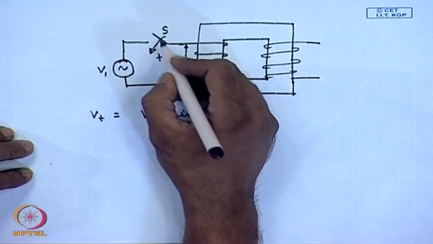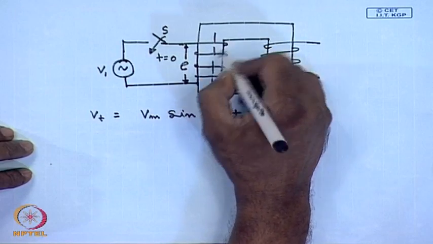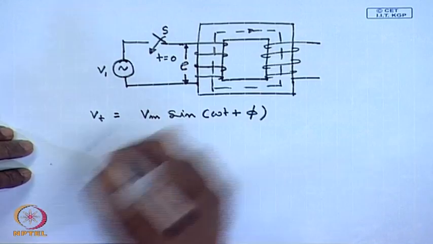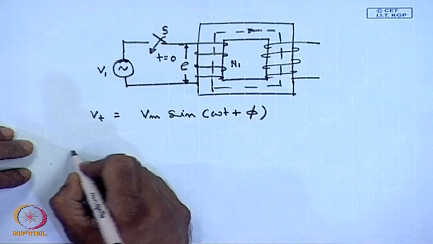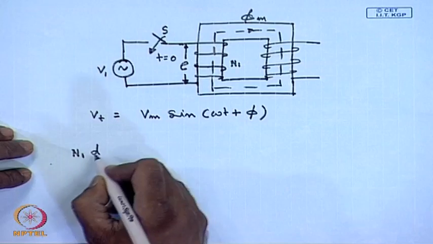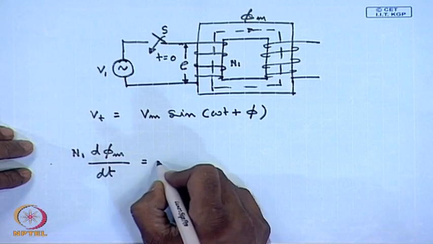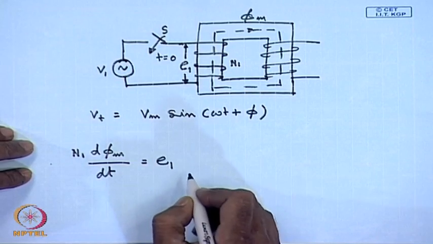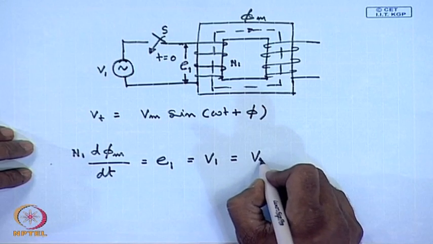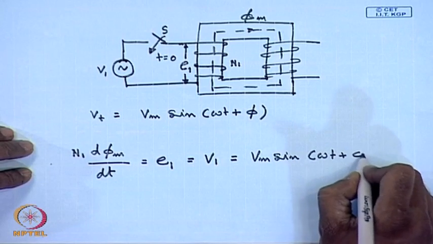So, once the transformer is switched on, the core flux is given by the relation, and since we have neglected the resistance, e 1 equal to V 1 equal to V m sin omega t plus phi.